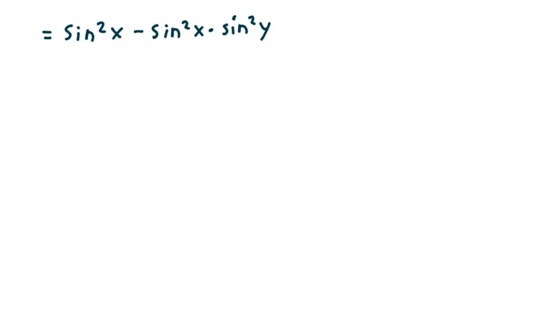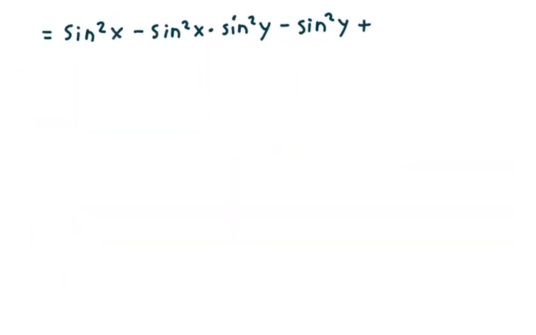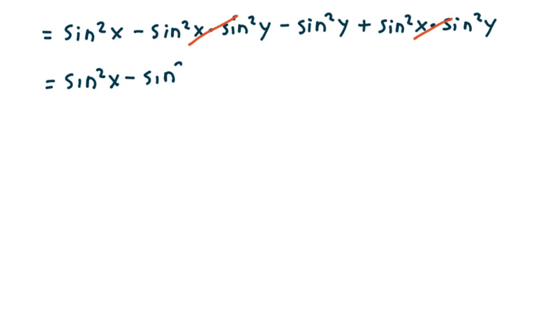Okay, then I'm going to go minus sine squared y plus, and if you notice, a negative times a negative is a positive. And so I'm going to get sine squared x times sine squared y. But notice how I can cancel out these two terms. And what I have left is sine squared x minus sine squared y.